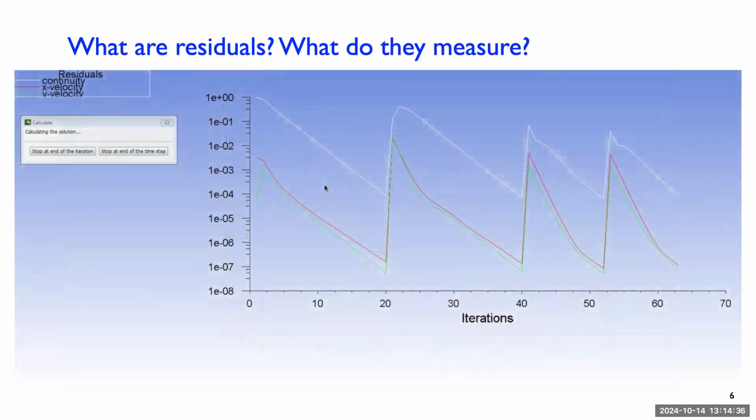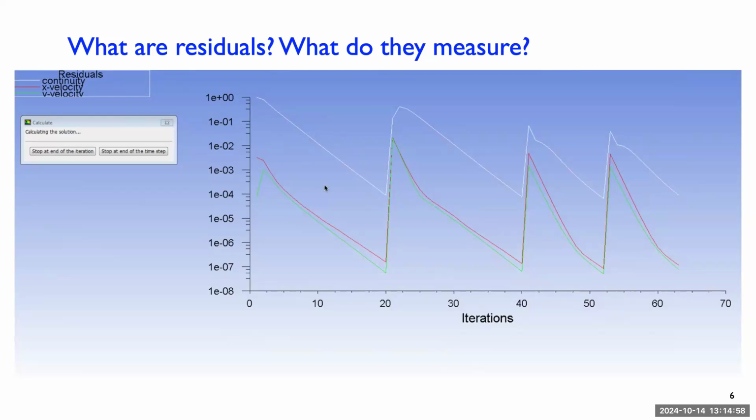When you go to do a transient problem, some of you may have started on the second week of Fluent problems. If you do a transient problem like flow over the cylinder, then you'll see that you can have the zigzag shape. And then you may realize that this seems to be for each time step. When it goes to a new time step, these residuals jump up, and then they go down, and then when it's happy at some point, it jumps on the next step.